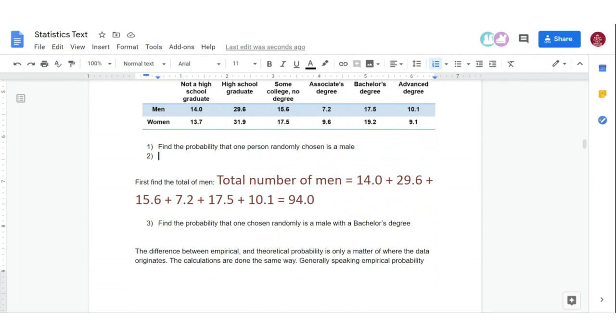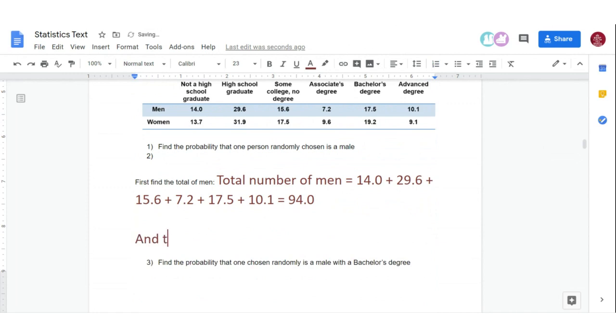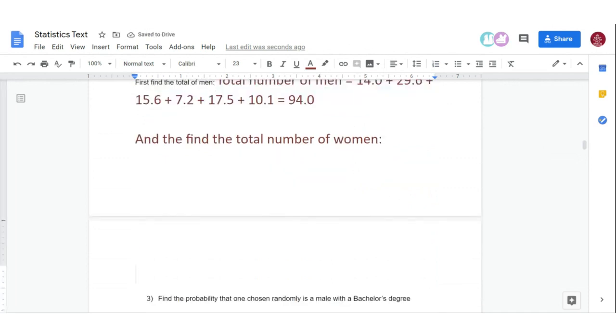Now, rather than kind of reinvent the wheel and go back and add up all of them, since we know what the total number of men is, we just need to do the total number of women. And then add those two.